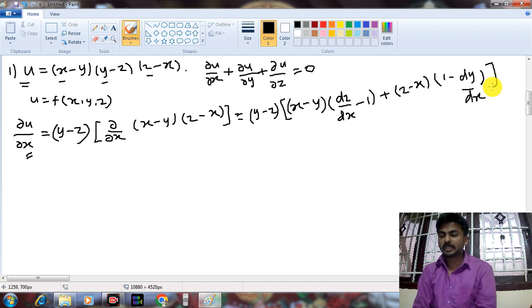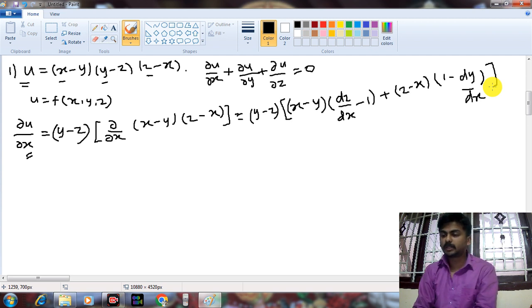This is the scenario in ordinary differentiation, when y and z are functions of x alone.